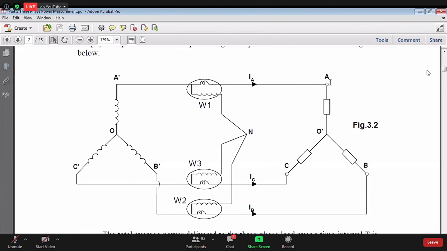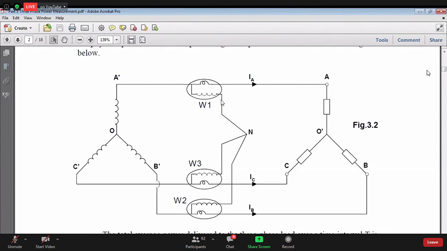This is argument number 1, and the second is, if it is an actual power system, this source is far away, right? We always measure power at the load end. So physically, if this line is 10 kilometers or 20 kilometers long, we are not measuring at the source. We are measuring at the load end. So the physical location of the wattmeter will always be very close to the load. Is the line resistance almost negligible? That is zero.